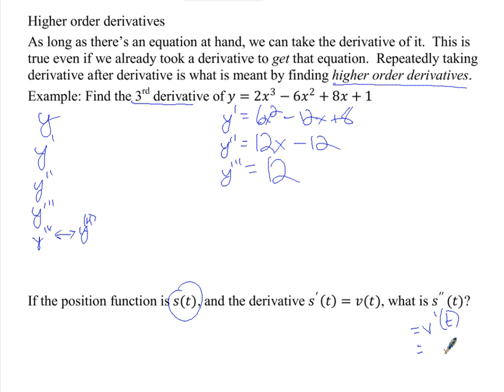Without numbers, you don't need numbers. What is gravity? What is it? It's acceleration. A of t. An acceleration function. If you take the derivative of position, you get velocity. If you take the derivative of velocity, you get acceleration. Okay?